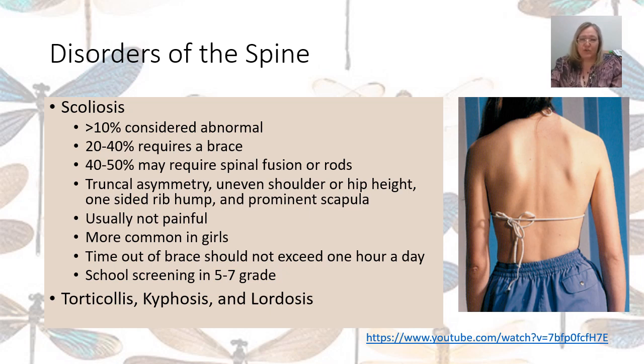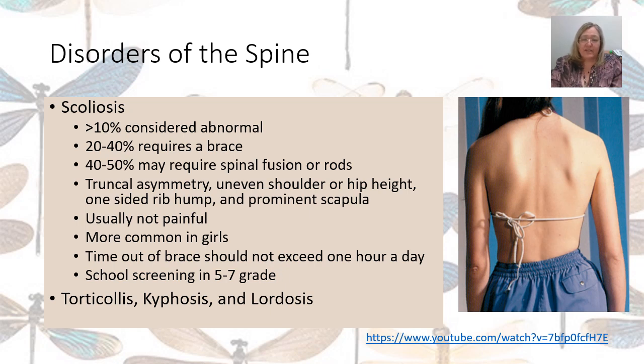And this is an age group where kids, especially girls, don't want to be different, and they don't want to necessarily wear it because they don't want to be noticed. They might wear heavy sweaters in the summer just to cover it up so that it's not noticed. They can sometimes be really embarrassed of having to wear the brace, and it's also uncomfortable.